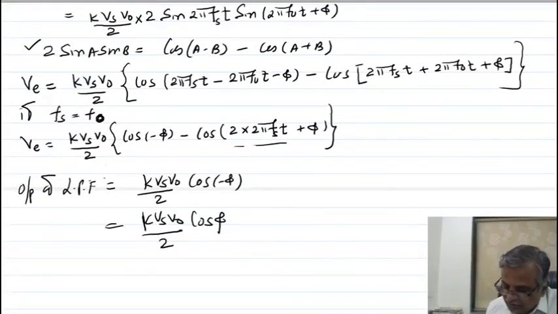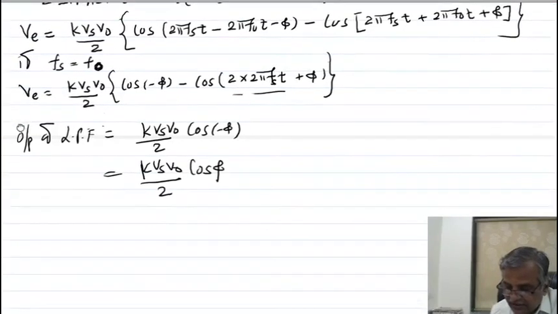So the output of the low pass filter is K Vs Vo by 2 cos phi, and after passing through the error amplifier, this is given to the modulating pin of the VCO. As a result, the frequency of the VCO will be changed.